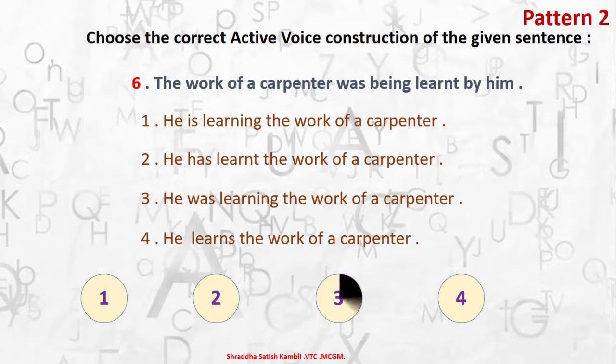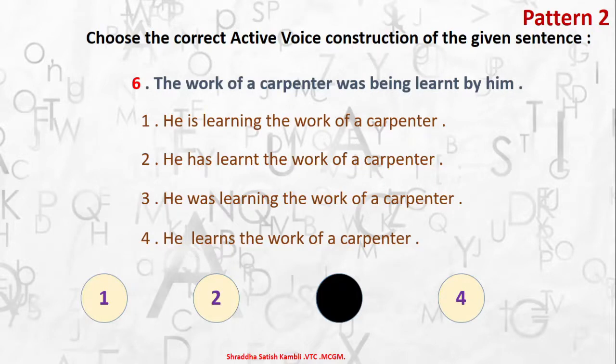It is option number 3. He was learning the work of a carpenter. See, was learning has become was being learnt. So you have to keep a close eye on the correct tense also of the verb. Okay, so this is the first example or first question that we are doing today.